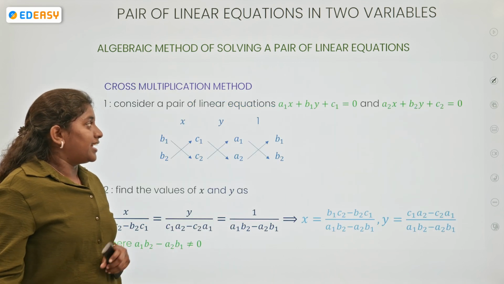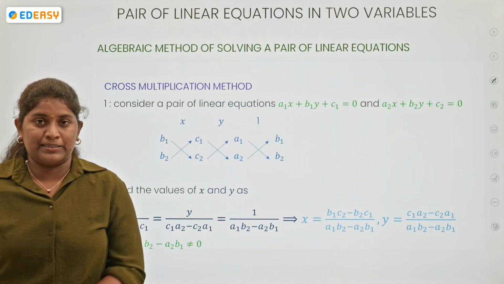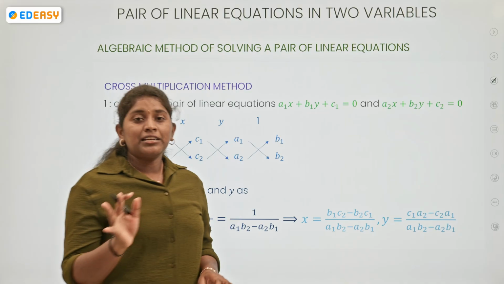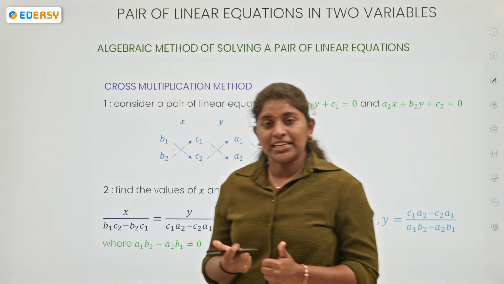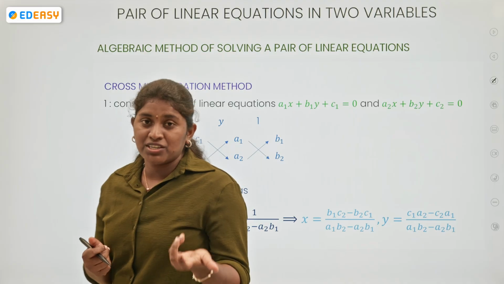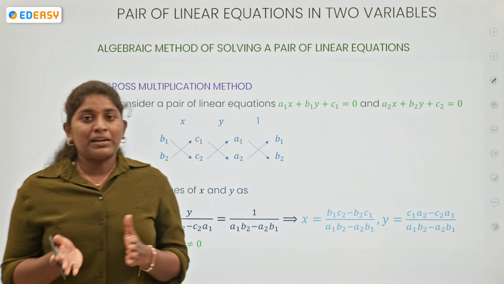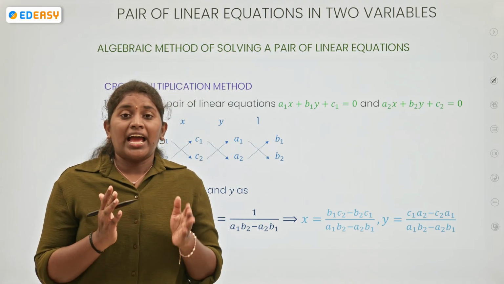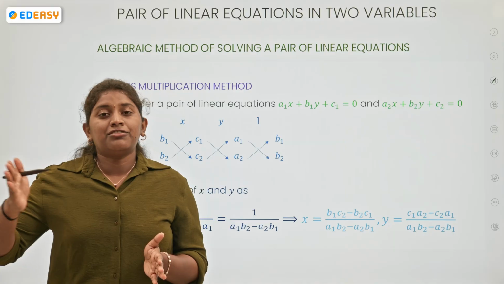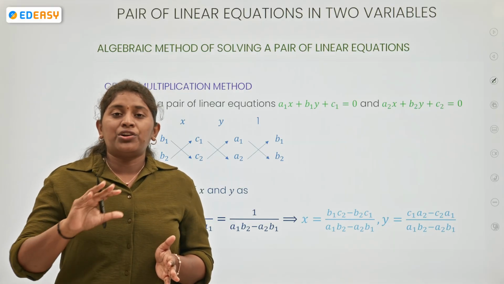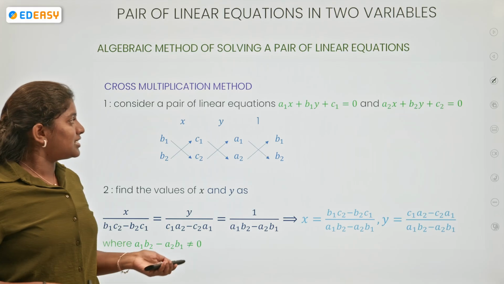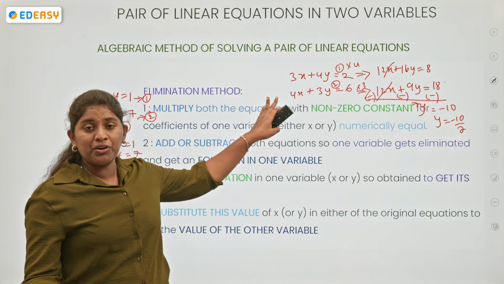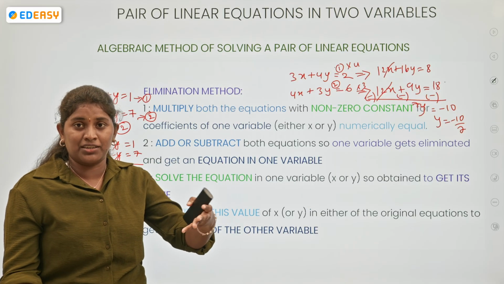Moving to the next, the cross multiplication method. We do not have cross multiplication for our grade 10, but we can learn it for our MCQs. Cross multiplication is very easy and you can use that method for your MCQs in order to save your time. If it was a 2-digit number it would be easy, but what if I am having a 3-digit number?